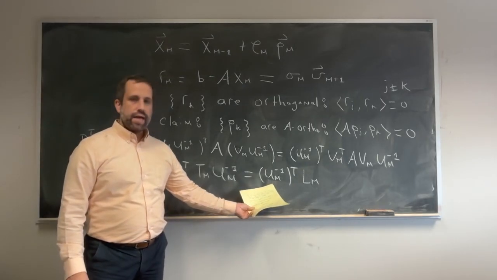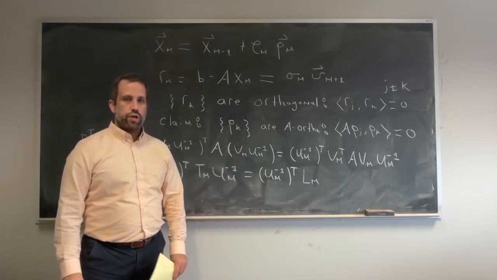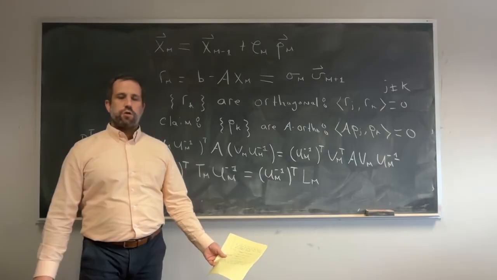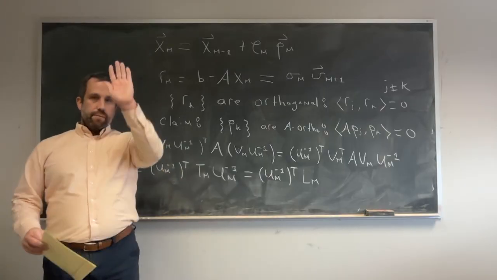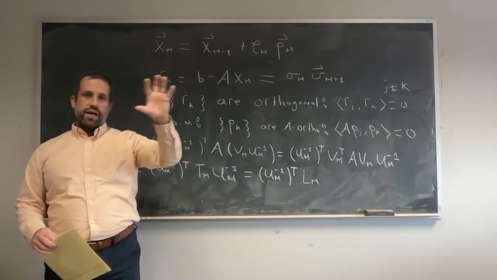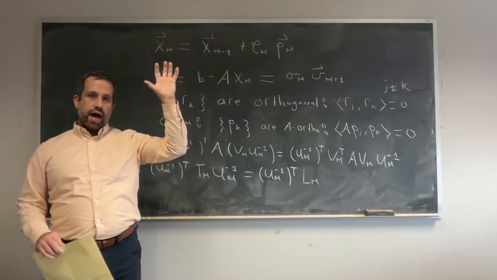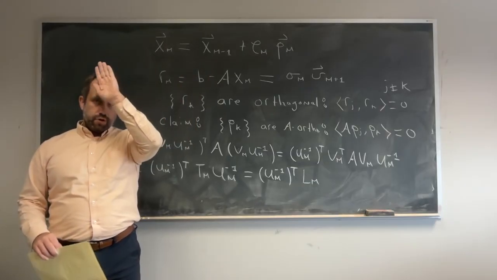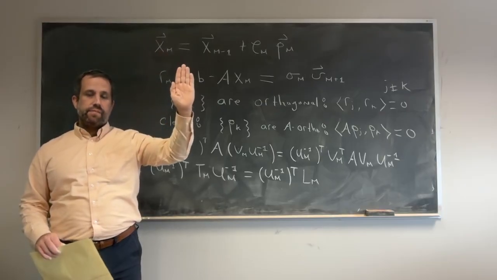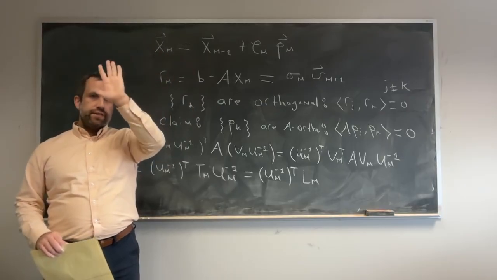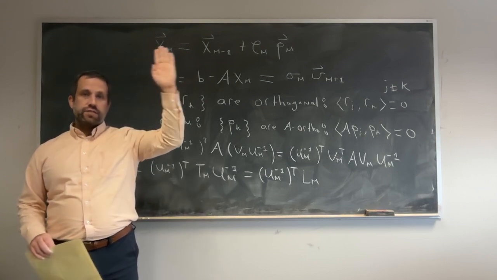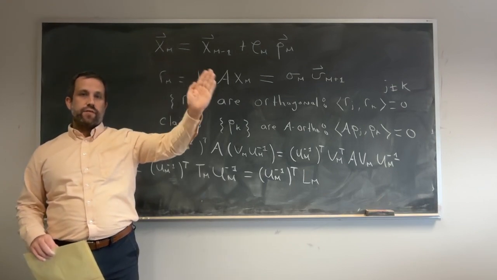UM is upper triangular, so its inverse is also going to be upper triangular. One way, if you think about the standard way to compute an inverse, where you put a matrix here and the identity matrix here, and you row reduce until the left-hand part becomes the identity matrix, then the inverse matrix is going to be on the right-hand side.